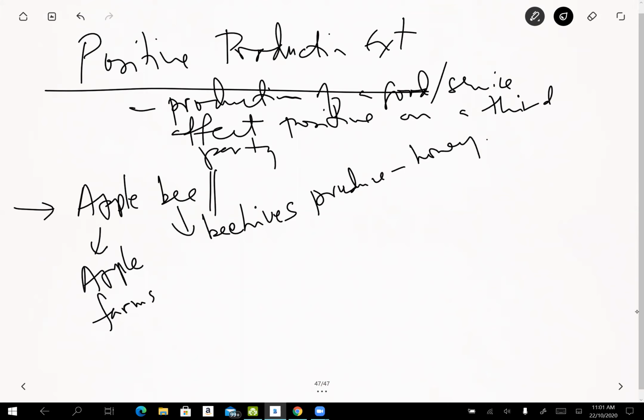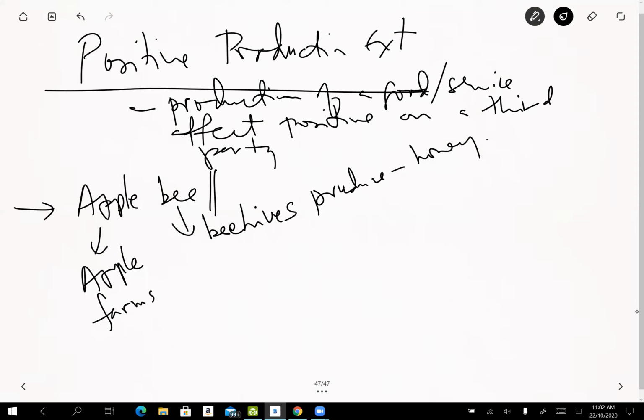Why do the apple farms normally locate near the beehives? Because the bees help pollination of the apple.